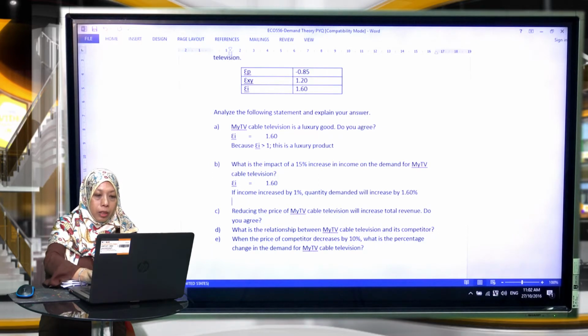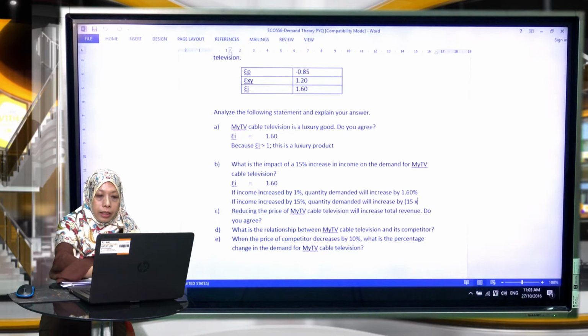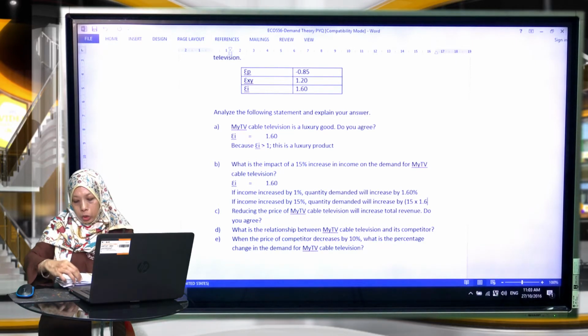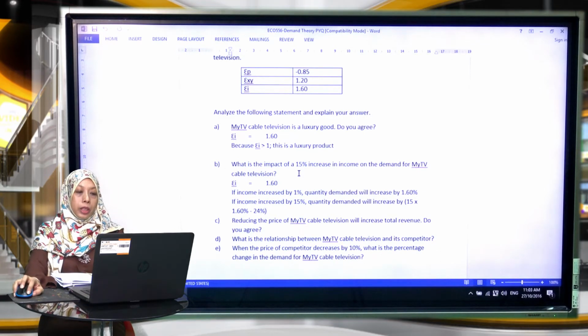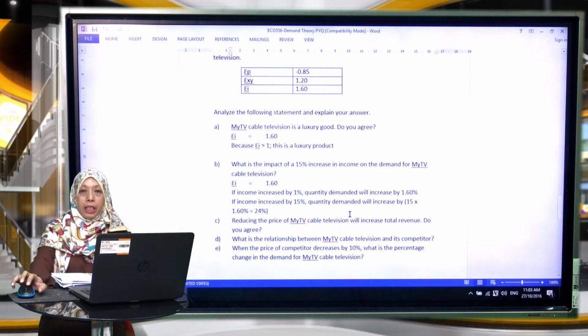So if income were to increase by 15% instead, quantity demanded will increase by how much? It will increase by 15 times 1.6, and that would give you 24%. So when income increases by 15%, the impact on quantity demanded is that it will increase by 24%.